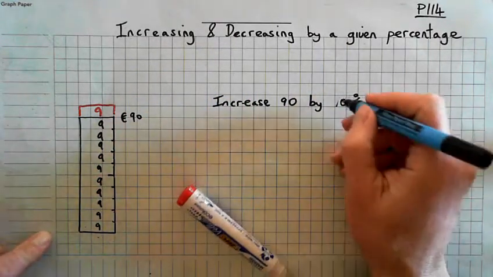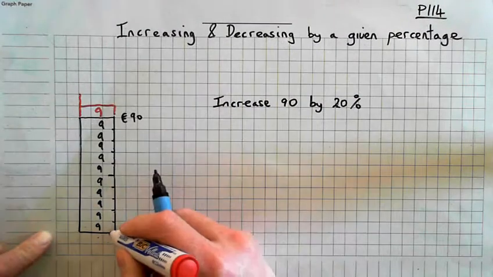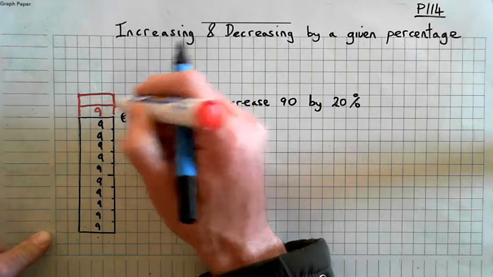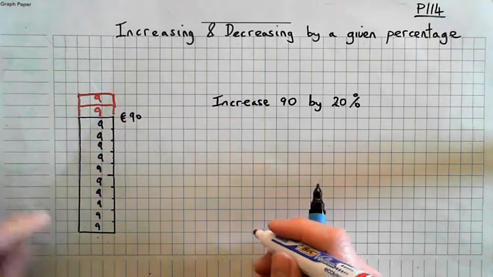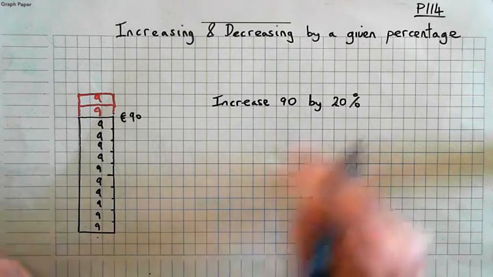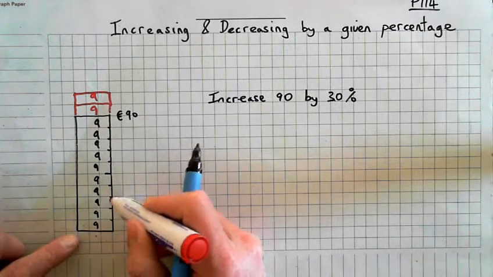Increase that by 20%. So 20% is this much. I'm increasing it by 18 euro, so now I have 108. If I increase it by 30%, I'm increasing it by this amount.